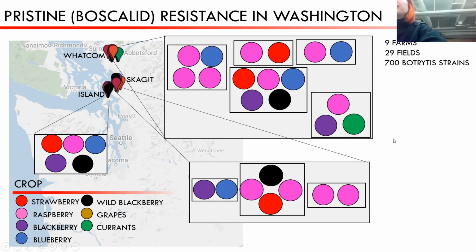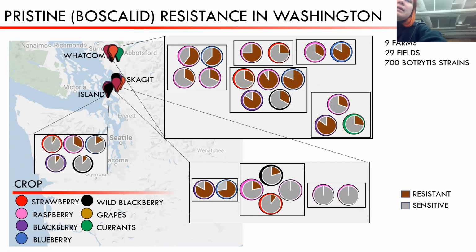We screened about 700 Botrytis strains in total for resistance to Pristine, and now you can see the data with pie charts for each of the fields showing resistance profiles. The brown area represents the percentage of strains that were resistant to Pristine, and the gray area represents the percentage of strains that were sensitive to Pristine. First of all, we see widespread resistance to Pristine in Botrytis populations.